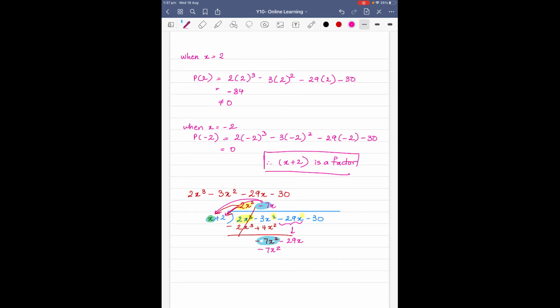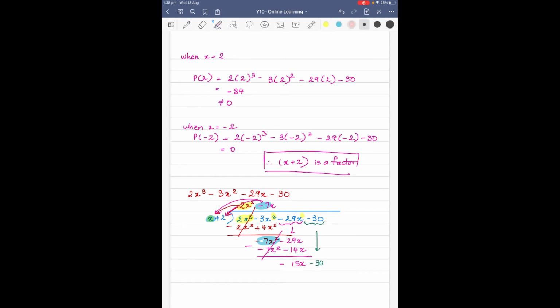Minus 7x times 2 gives you minus 14x. Subtract it to find the remainder. That's cancelled. Minus 29x minus minus 14x gives you minus 15x. Then pop down the next term, which is minus 30.